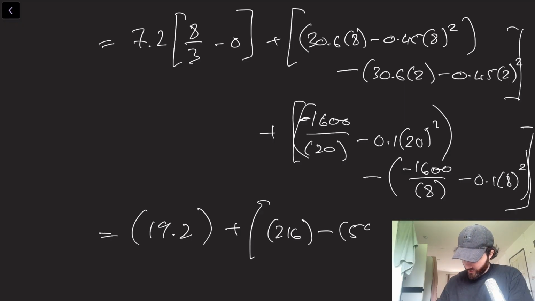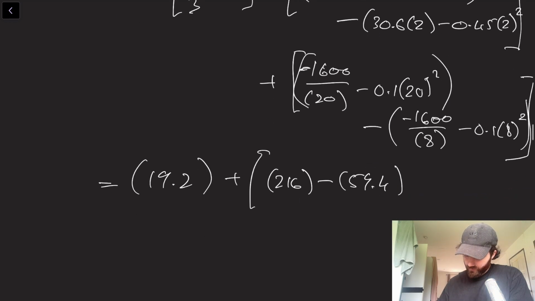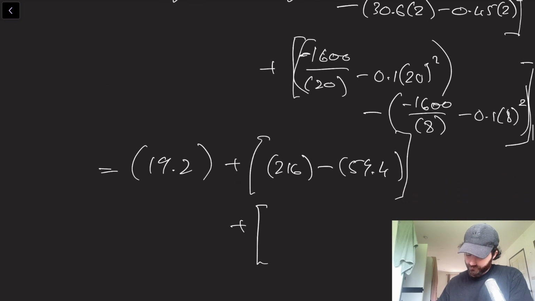This is 59.4, plus, minus 1600 divided by 20 minus 0.1 times 20 squared. Just minus 120, minus 1600 divided by 8 minus 0.1 times 8 squared.